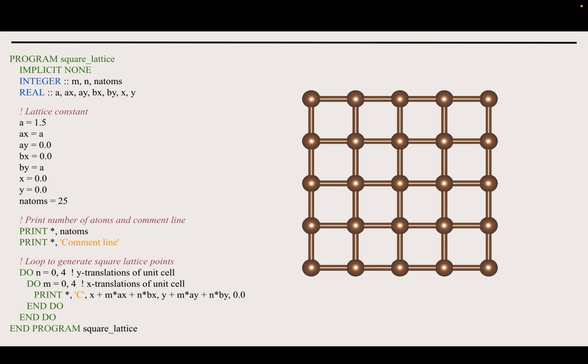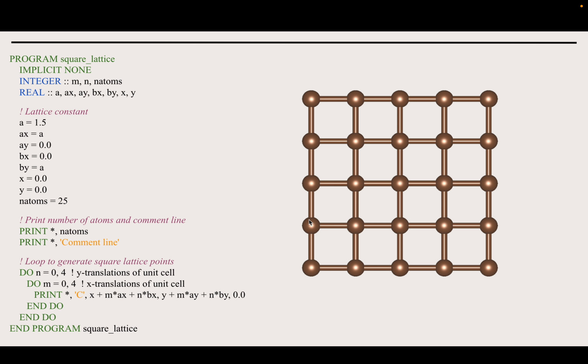Here a is nothing but the lattice constant, which is 1.5. And ax is the vector which is moving along the x direction. The x component of that vector is ax, which is equal to a, and this vector doesn't have any y component initially, so that value is mentioned as 0.